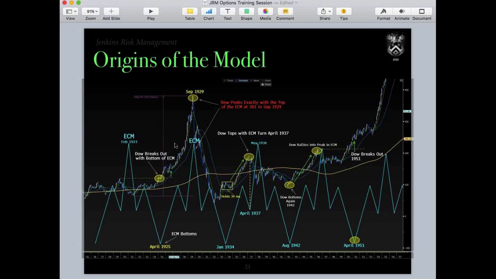So that was a heck of a move. The way you trade it is we have a technical and a directional model that's very much about price, and I think it's one of the best trending models that's out there. But if you know that a market breaks out with the bottom of the cycle, you can be much more confident that you want to be thinking long term, keeping a core long.